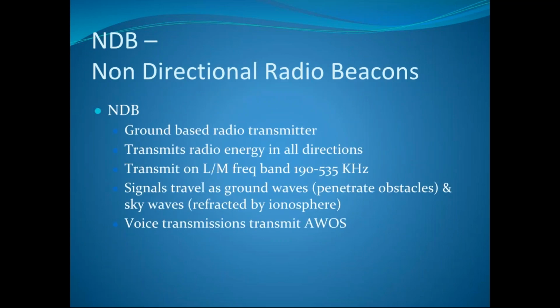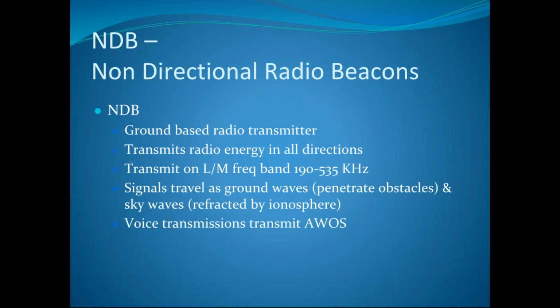But when we talk about these traditional or ground-based navigational aids, the first one that we'll talk about is the non-directional beacon. Non-directional beacons, like I said before, are ground-based radio transmitters.